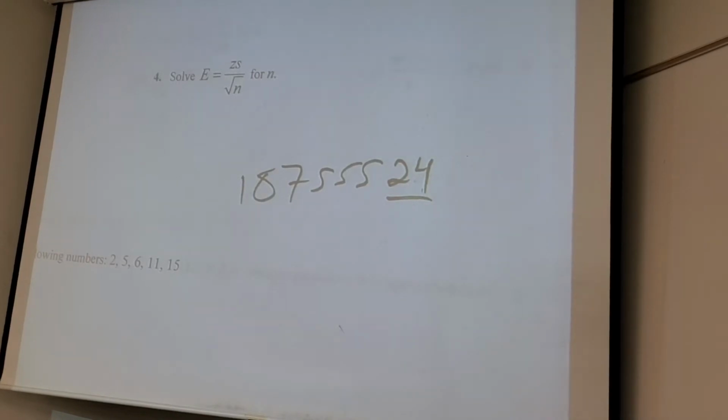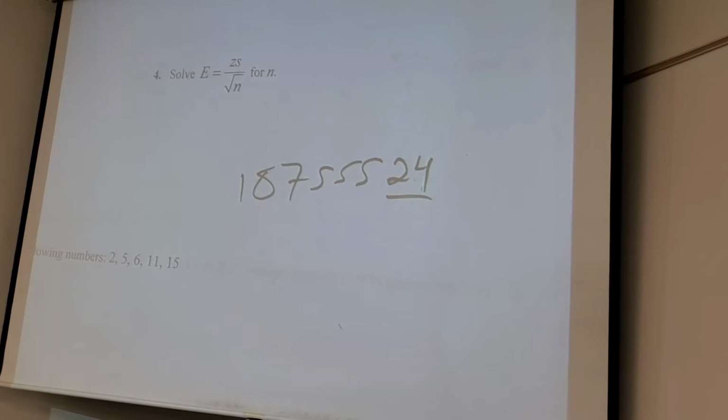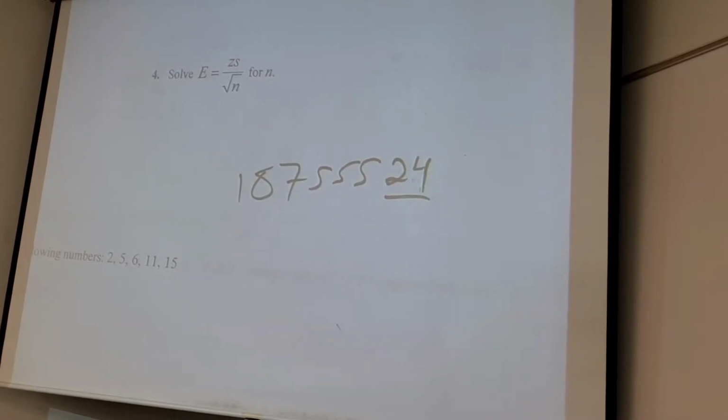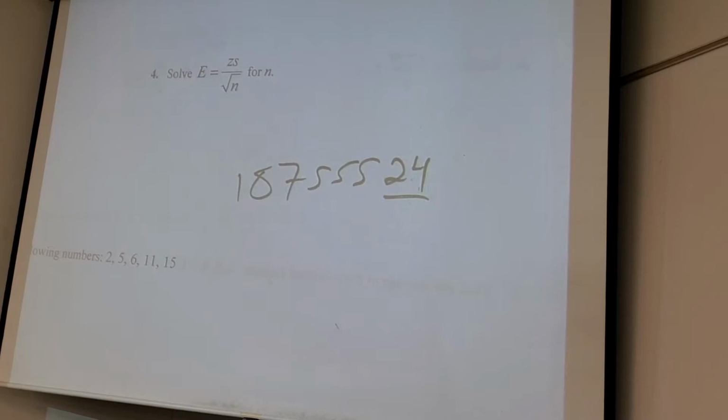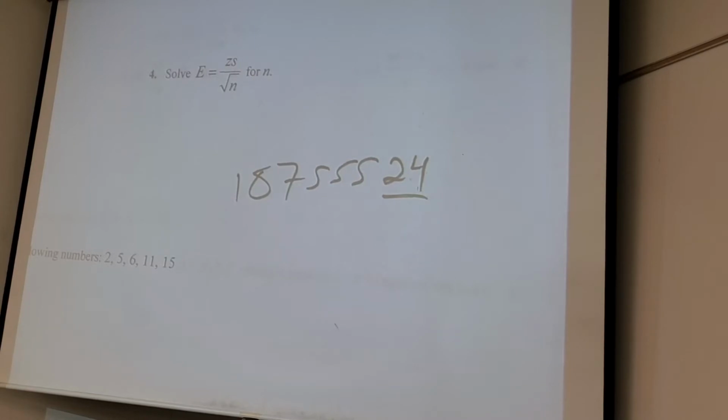Why is that true? Because 4 goes into 100, doesn't it? 4 quarters makes 100. So 4 goes into 100, therefore 4 goes into 200, 4 goes into 300, 4 goes into anything 100. So if 4 goes into 800, doesn't 4 go into 804? So if the last two digits are divisible by 4, the whole thing is.